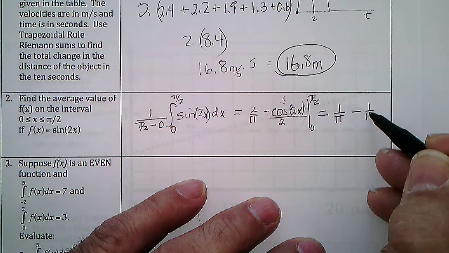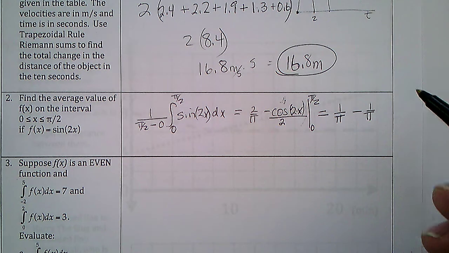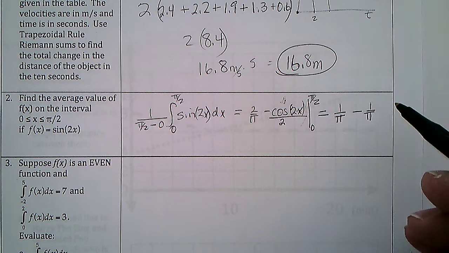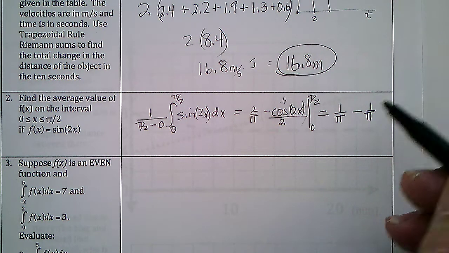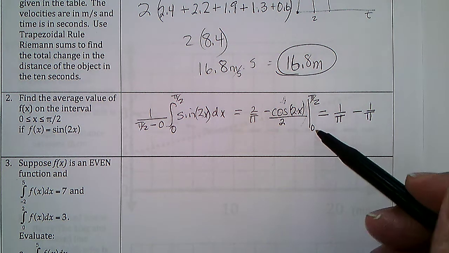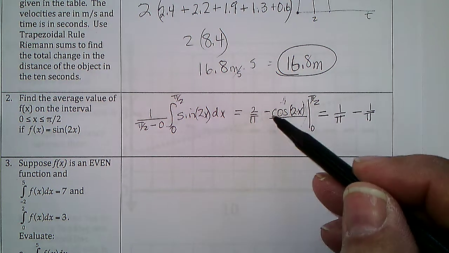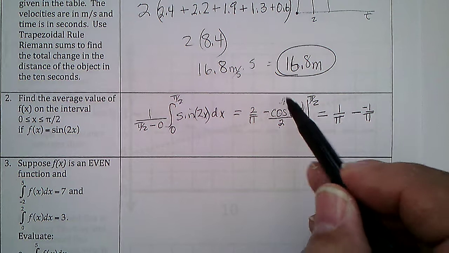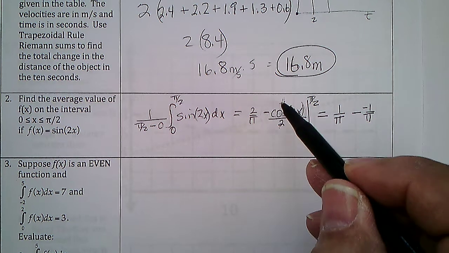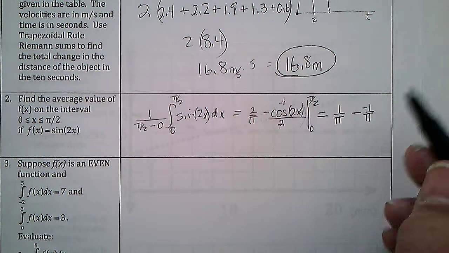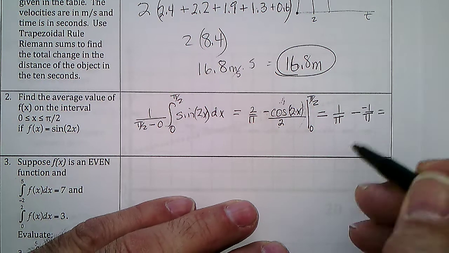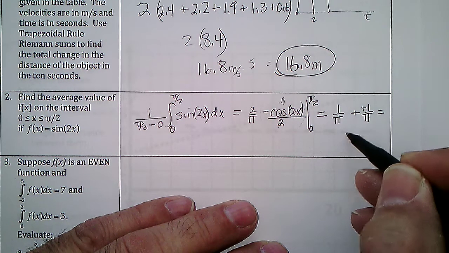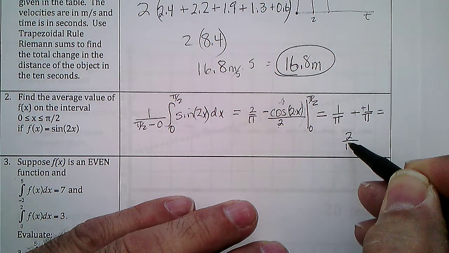Did I get the signs right here? I'm subtracting, and if I put in 0, I get minus, because this is plus 1/2 of that, minus minus 1/2 times that, so this becomes 1 over pi plus 1 over pi, which is 2 over pi.